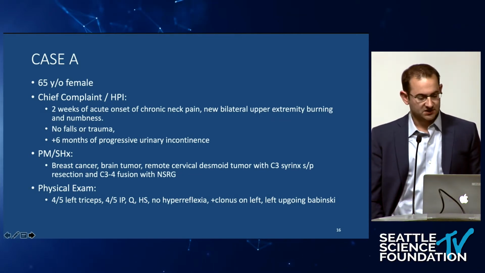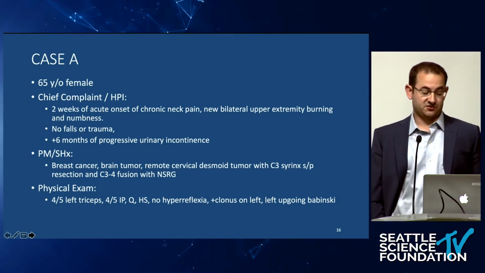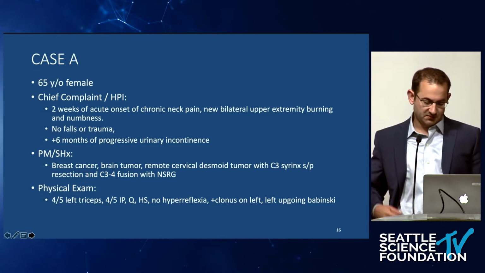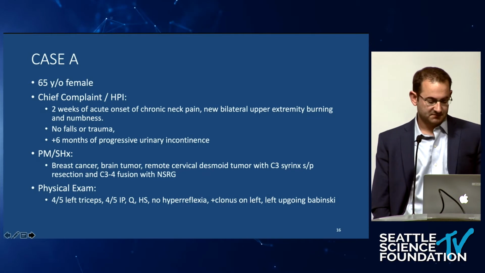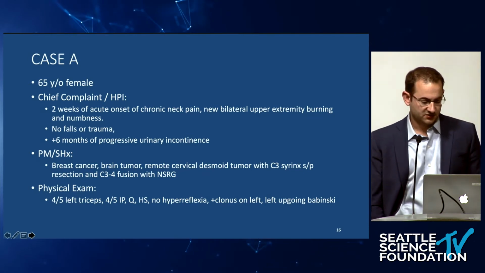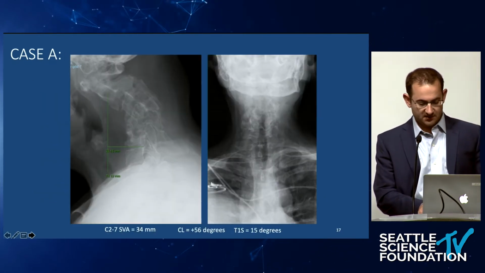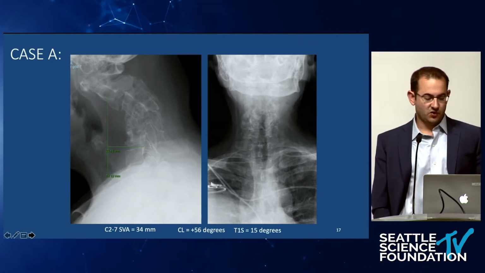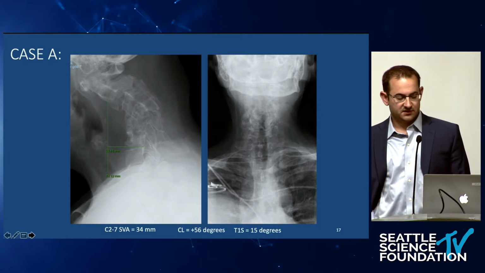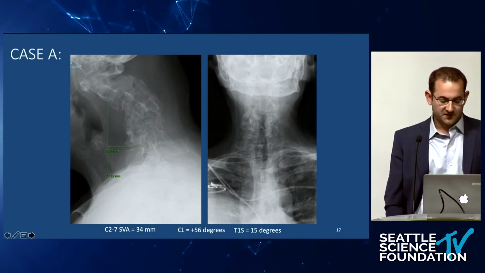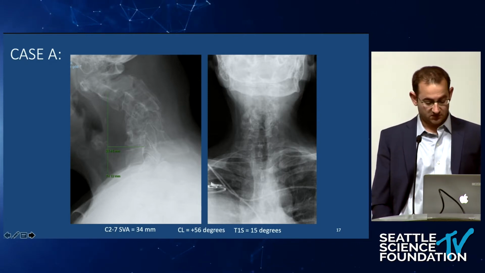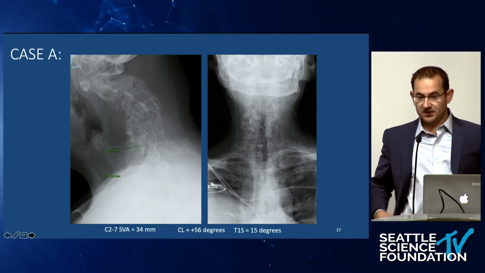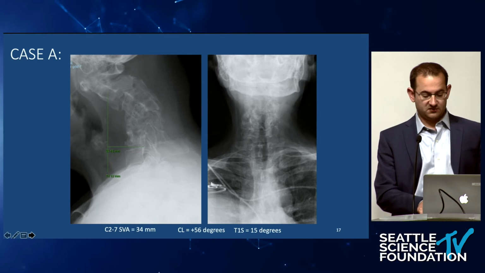And she had neck pain and bilateral upper extremity burning without any falls, history of posterior surgery done decades ago by neurosurgery, some weakness, but she's got myelopathy and clear focal deformity here, with a markedly positive SVA and cervical kyphosis measuring over 50 degrees, but relatively preserved or normal T1 slope.